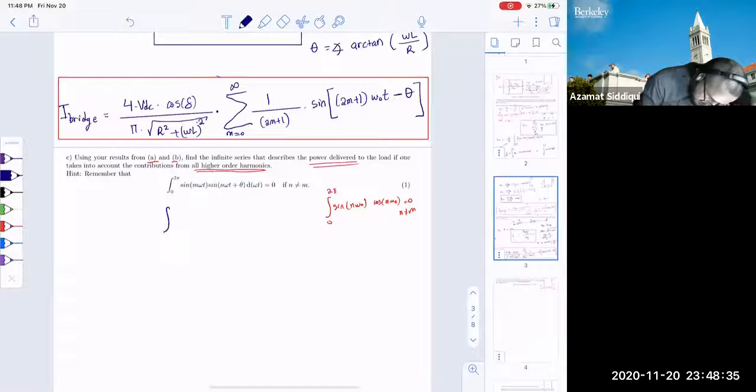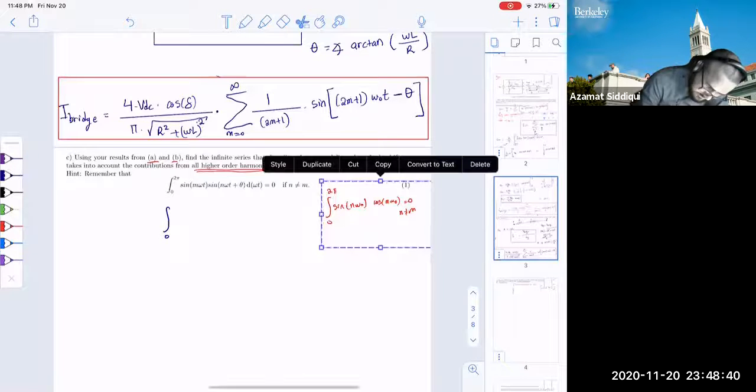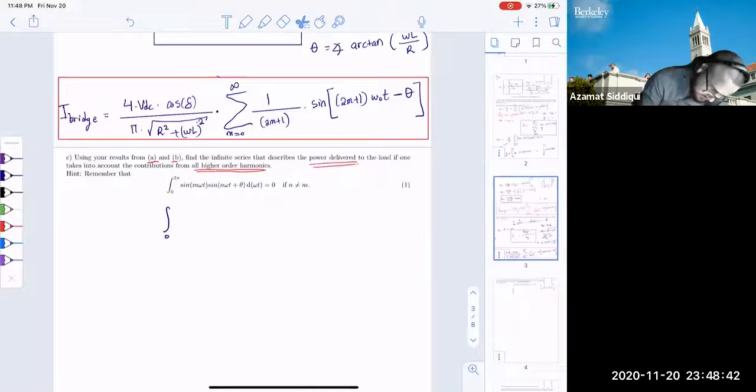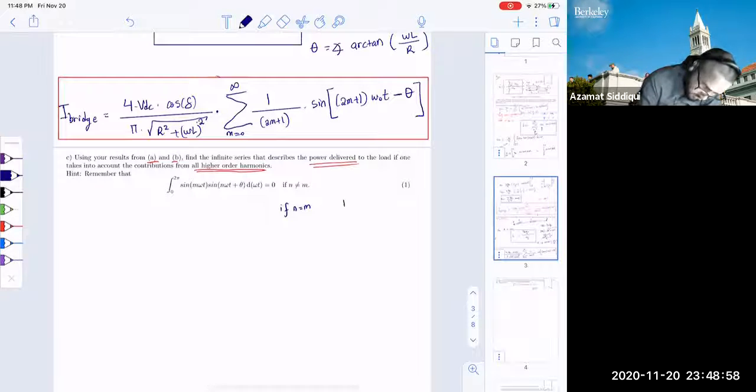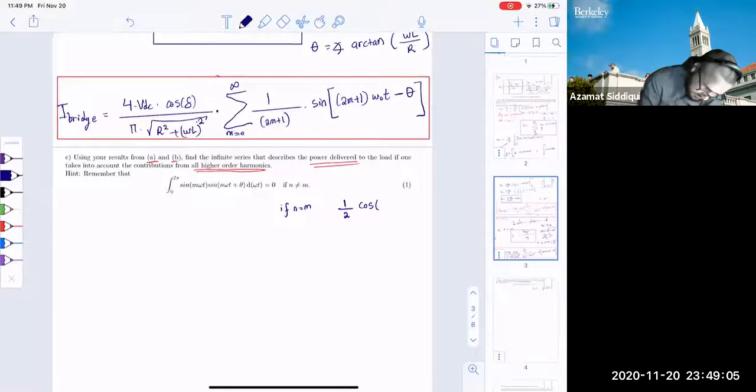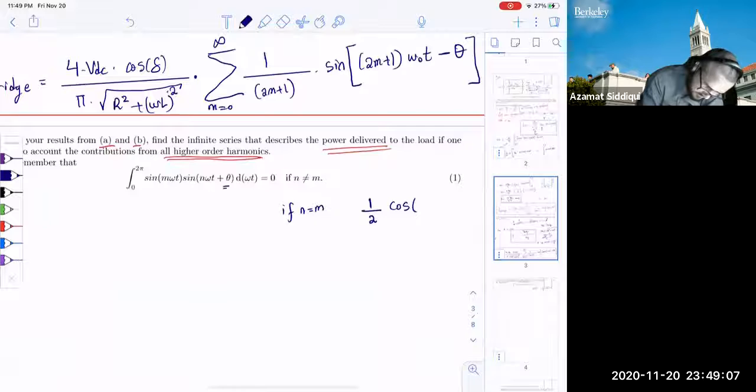So if n is equal to m, what does it become? This is going to give us 1/2 multiplied by the cosine of the angle, the difference between the two.